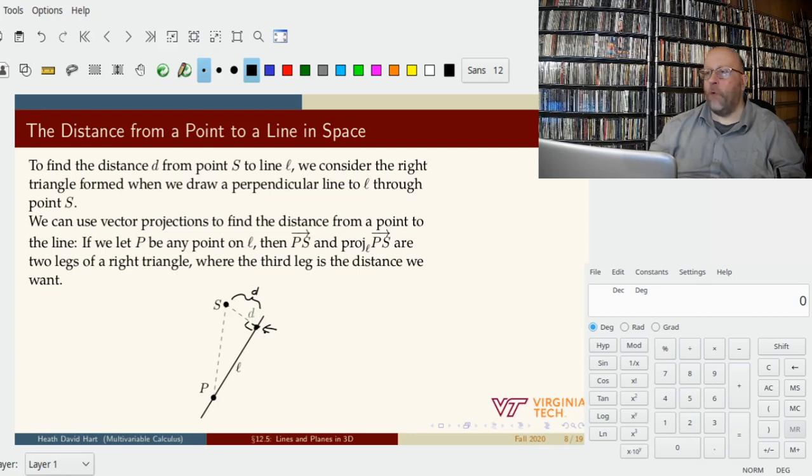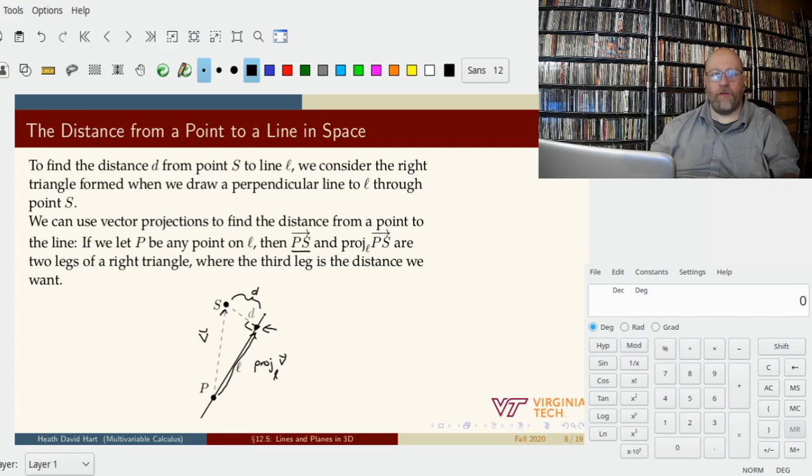But we do know a point on the line, because the equations of the line have a starting point built into them. And no matter where that point is on the line, I can build the vector from P to S, and I can find the projection of this vector onto L. And the projection will be this vector, the projection of vector PS onto line L. And now I have the hypotenuse and one leg of a right triangle, and the distance is the other leg.